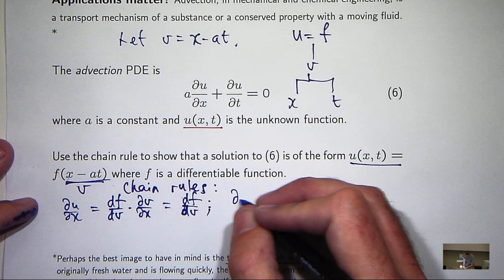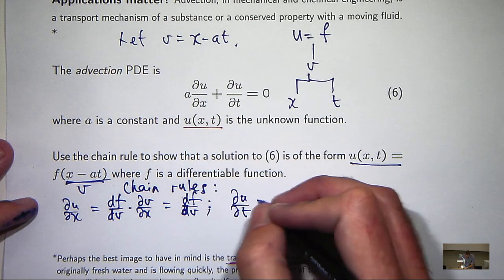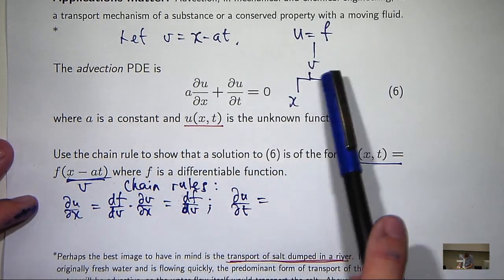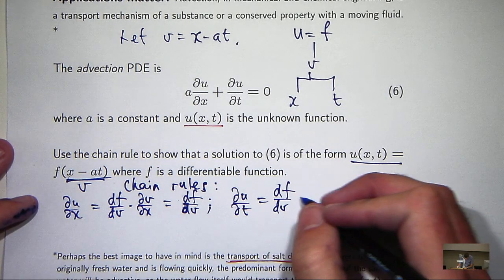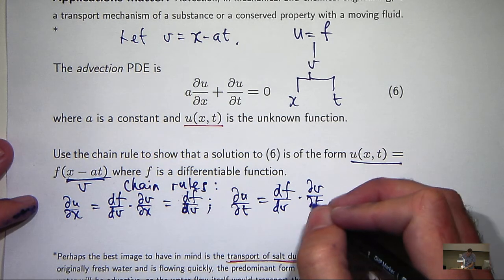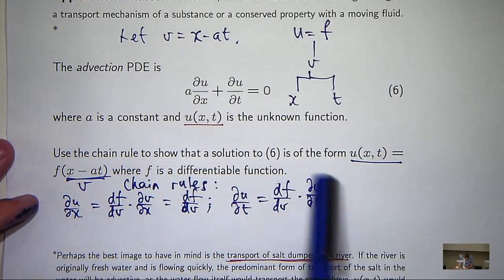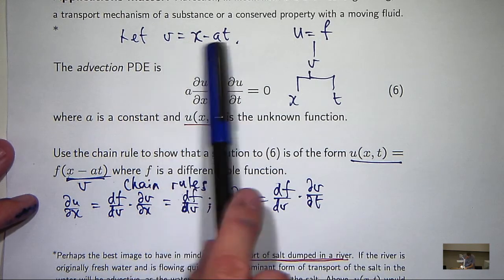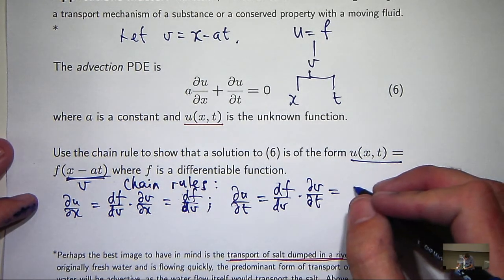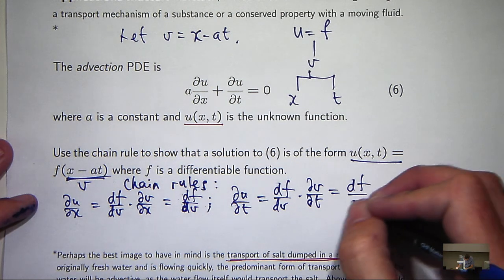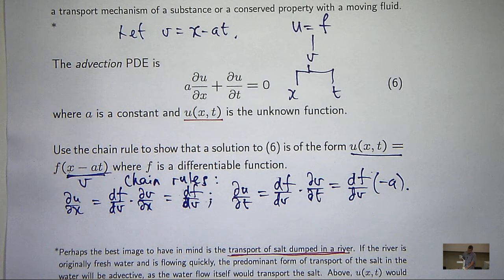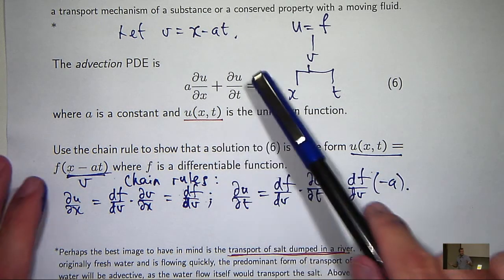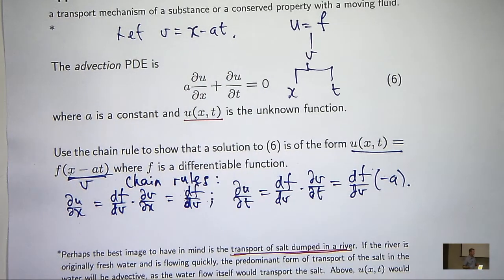What about du dt? Well, that's going to be df dv times dv dt. Again, I can't calculate this, but I can calculate this. dv dt is going to be negative a. So what I do now is just put those two derivatives into the left-hand side of my advection equation, and see if they cancel everything out.